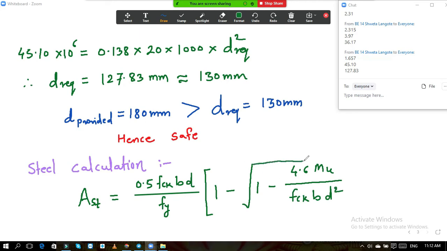This under root completes and this bracket completes. This is the formula to calculate the area of steel. Now just put the values in this formula and you will get the answer.